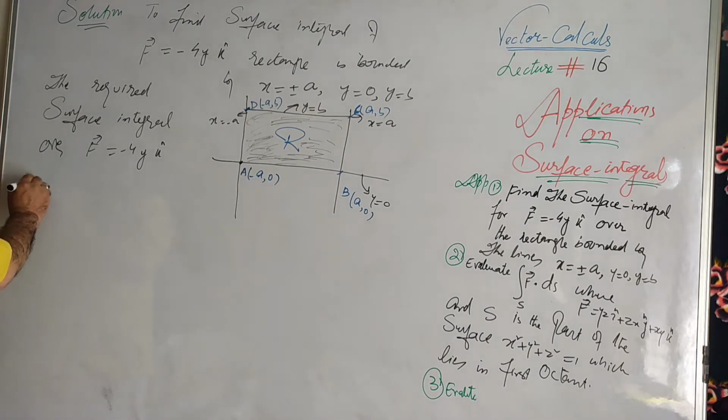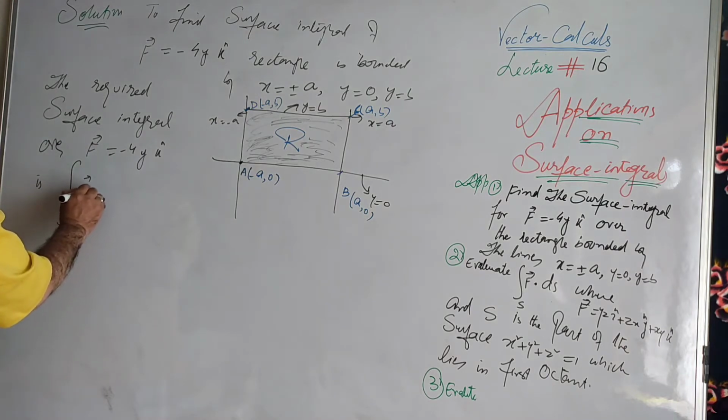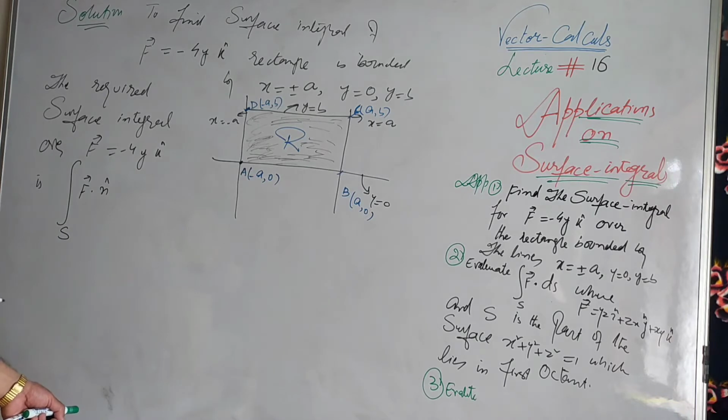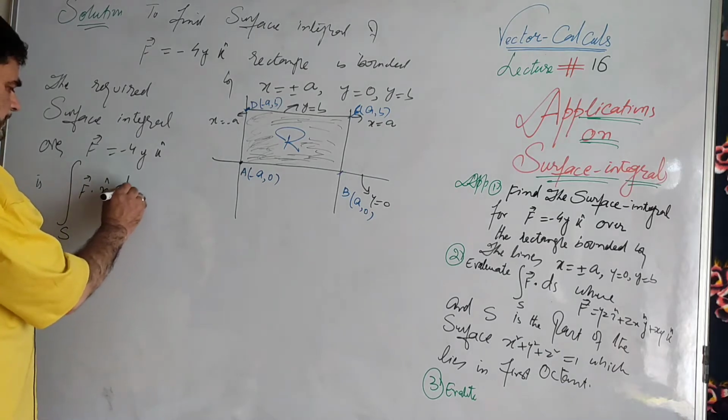It is given by the surface integral over the surface S of f dot n, the unit normal vector outward the surface, ds.